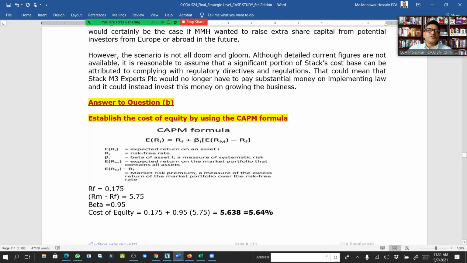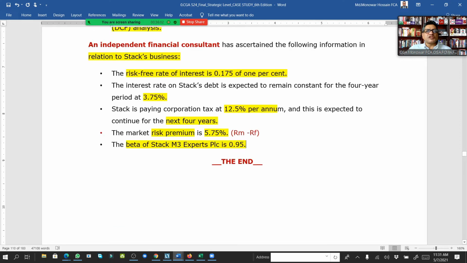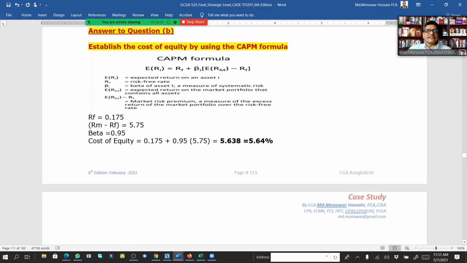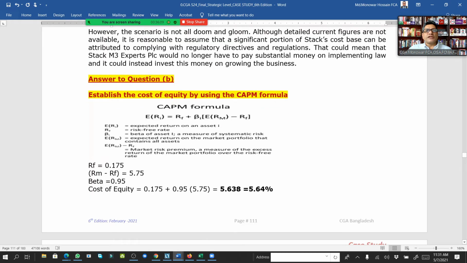If we just put in the data given in the situation, we can calculate easily here. So risk-free rate of return 0.175, beta 0.95, and market return minus risk-free rate of return, that means risk premium, 5.75.